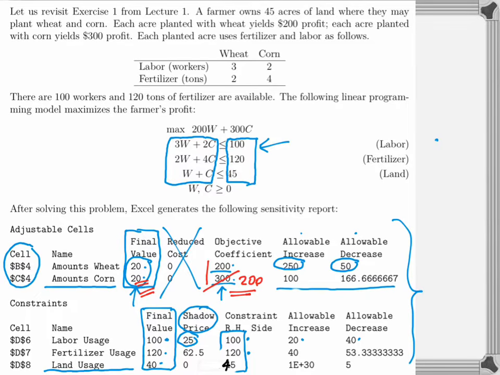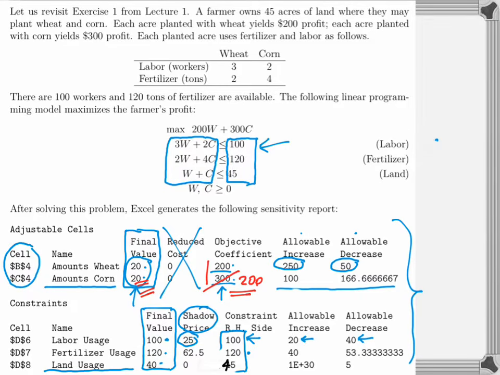This shadow price here, in this case of labor 25, can be used to assess the impact of changes to the right-hand side of the labor constraint, as long as the changes you are proposing are an increase of no more than 20 or a decrease of no more than 40 to the number here that is currently 100.